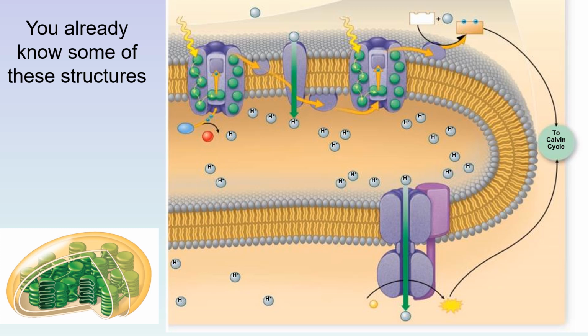We're going to build a proton gradient into this thylakoid space, just like we built one in the intermembrane space in cellular respiration. At the top right-hand side of this diagram, we have an electron taxi, but this one has the name of NADPH. You know what? Don't worry about it. Just pretend that the P means photosynthesis or something like that.